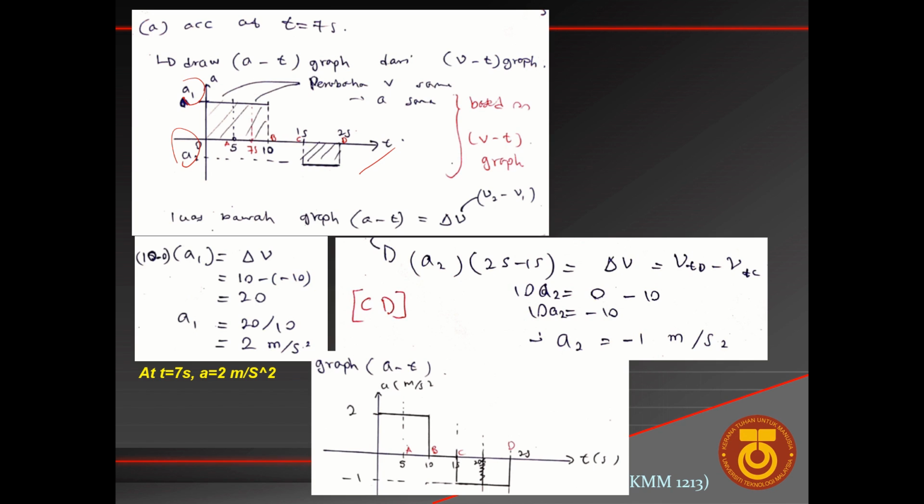Now based on this graph, what I need to do is take the area under the graph, which equals delta v. The way I calculate is 10 minus 0, this length, times a1 minus 0, equals delta v.